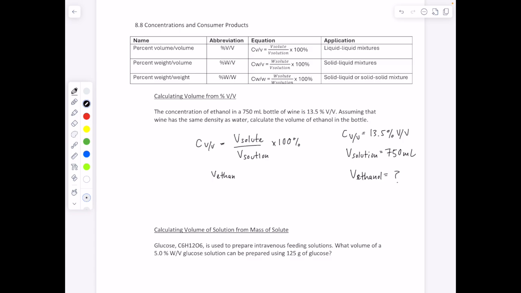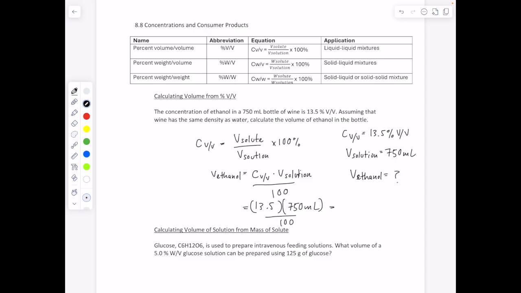We can rearrange this equation, and the volume of ethanol is equal to the concentration of the solution times the volume of the solution divided by 100. That's 13.5% times 750 milliliters divided by 100.